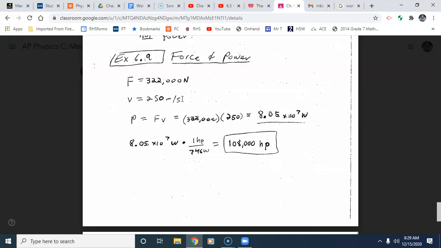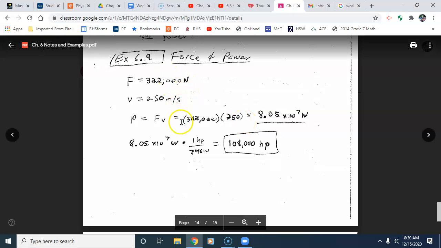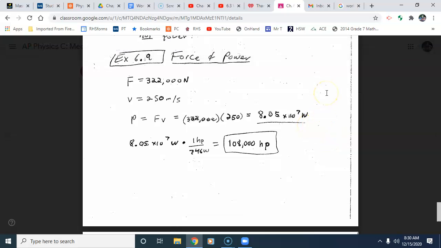We'll use the version of the formula that says power equals force times velocity. Use the metric versions of those given quantities and multiply them. We're going to get a big number, 8.05 times 10 to the 7th watts. To convert it into horsepower, we'll use that conversion rate, 1 horsepower is 746 watts. And that is a 108,000 horsepower engine.